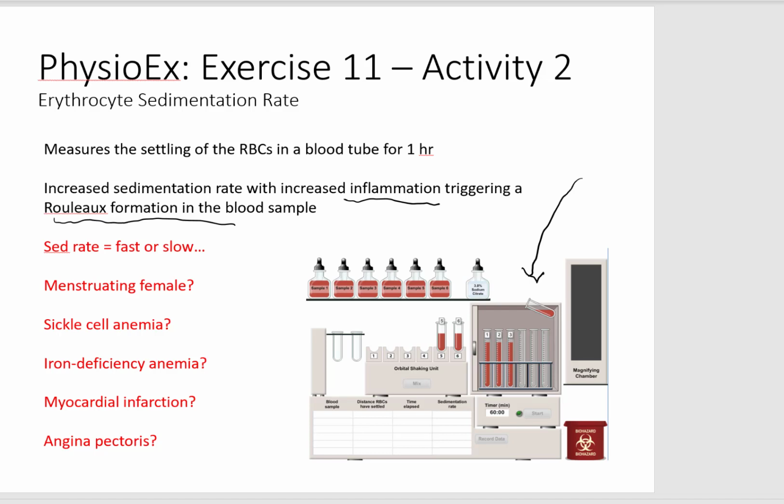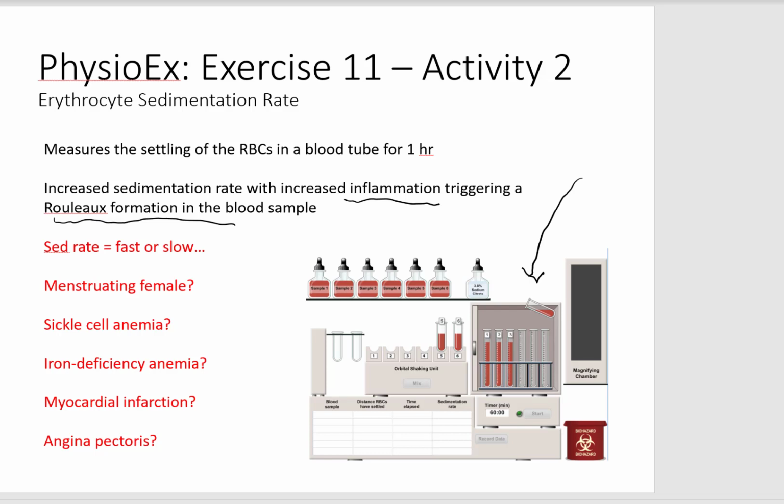And they're not going to fall to the bottom of the tube as readily. They are going to kind of get in each other's way. They are going to take more time feathering through because of their crescent moon shape. And in this person, after an hour, we didn't see any of those cells getting down to the bottom. We didn't see any plasma up at the top. So the shape of the red blood cells prohibited them from having this gravitational fall towards the bottom of the tube.